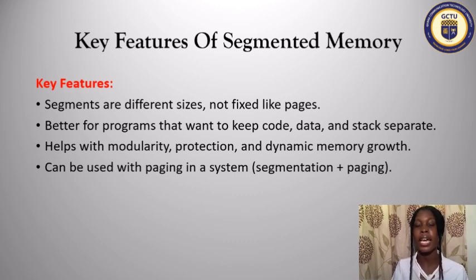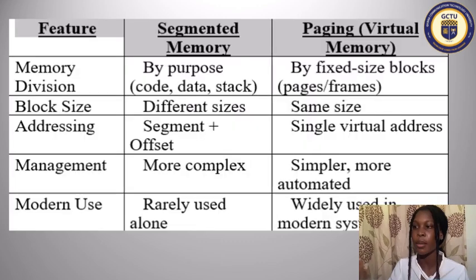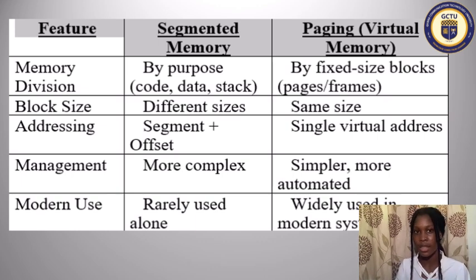And then finally, it can be used along with paging. Now there's a table below that gives the difference between virtual and segmented memory. It talks about memory division, block size, management, the wording used, but because we've already discussed it, when you read it, it is self-explanatory, you would understand.